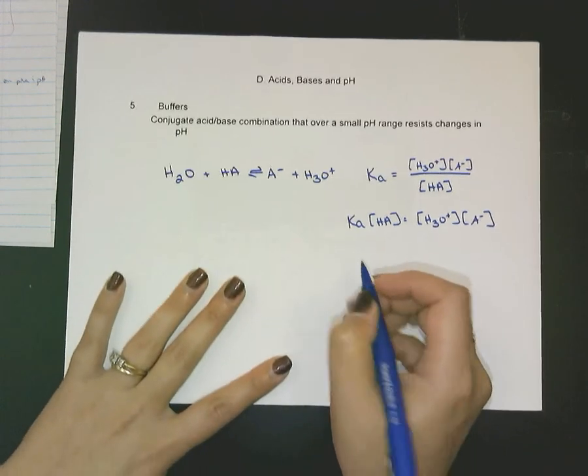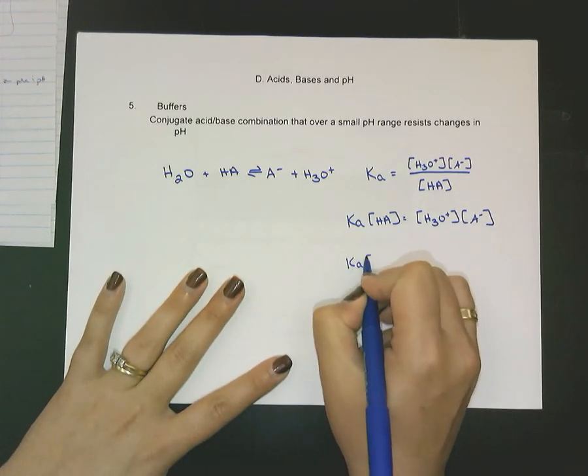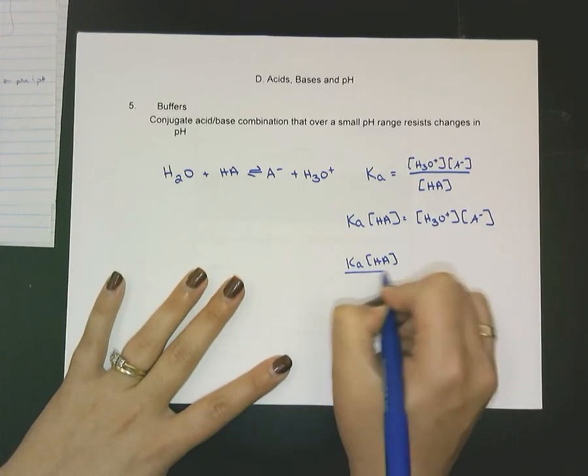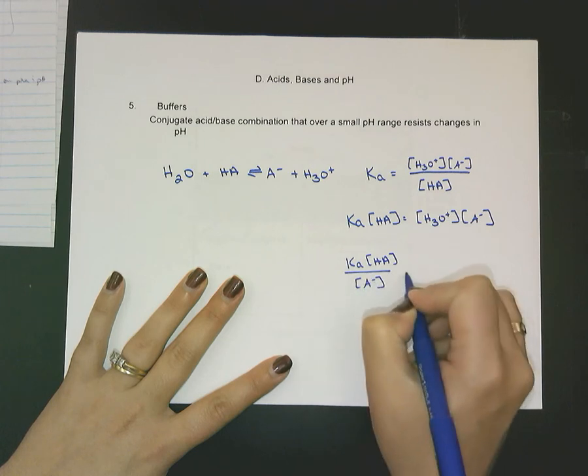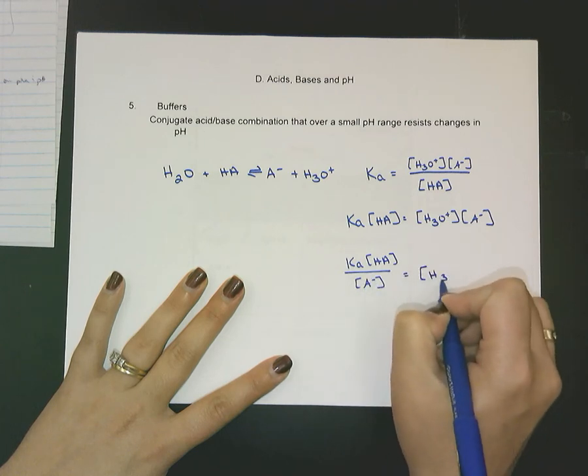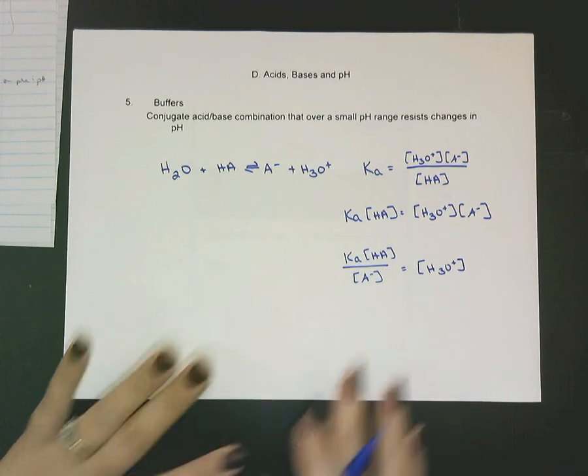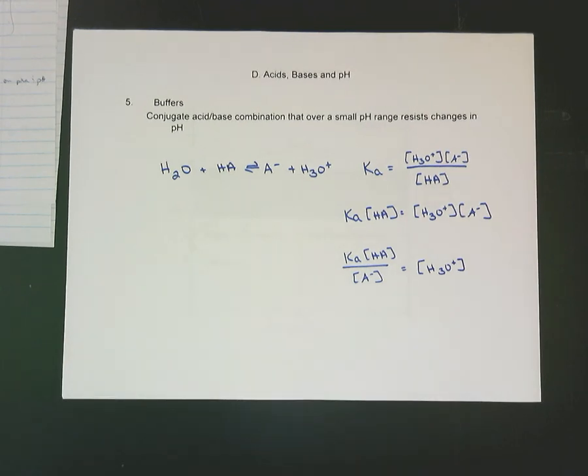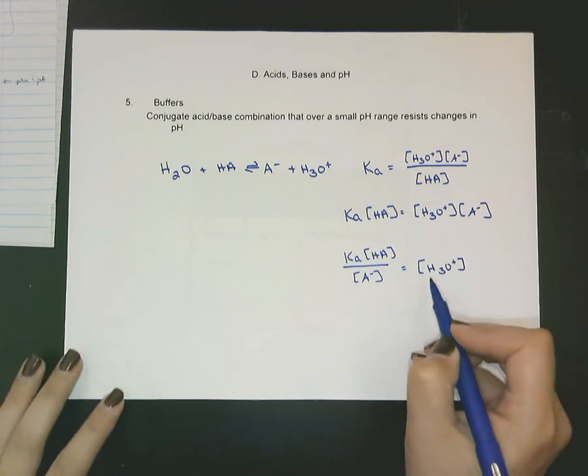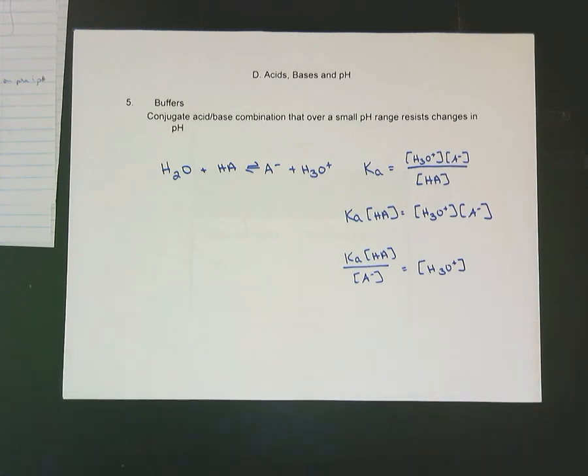Okay, divided by A minus. What if I wanted to talk about pH instead of hydroniums? What do I do to this brackety hydronium to turn it into a pH? What does the p stand for in math?